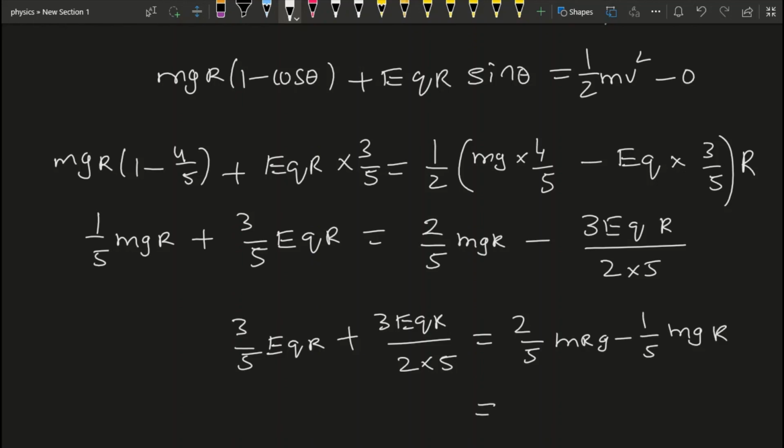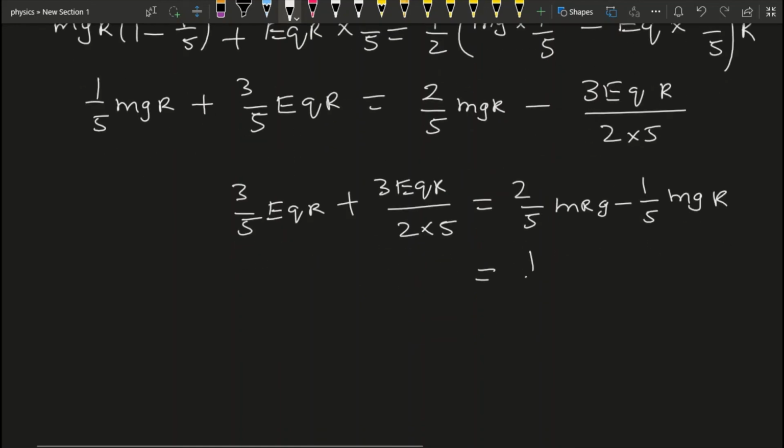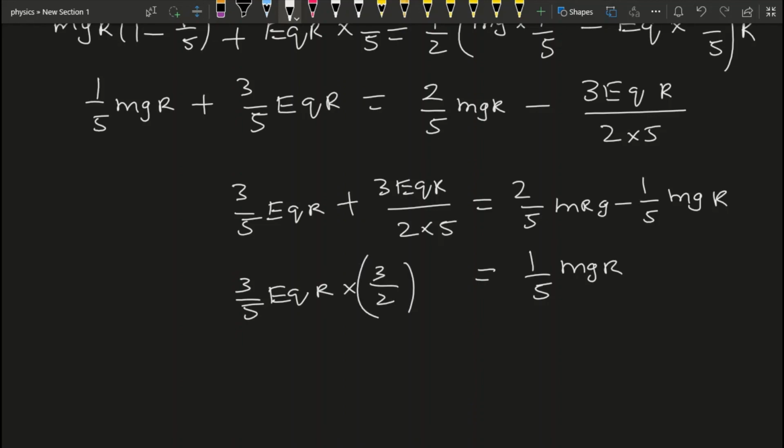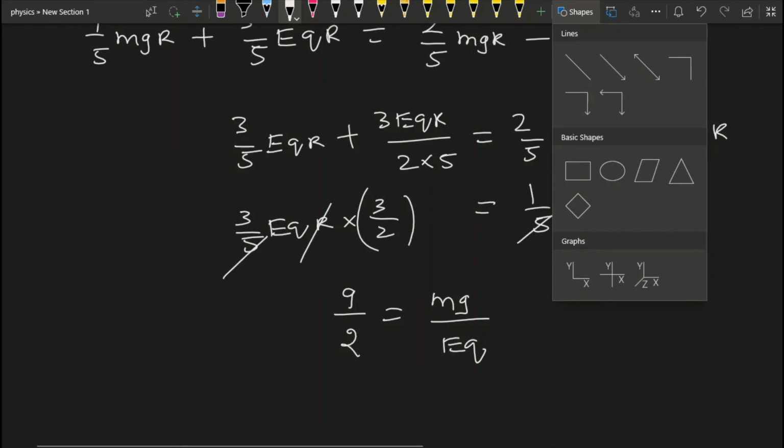So what we are getting is 1 by 5 mgR, and 3 by 5 EQR is taken common, and this becomes 3 by 2. Finally the 5s are going to get cancelled out. So 9 by 2 is equal to mg divided by EQ. So this is the thing finally we are getting.